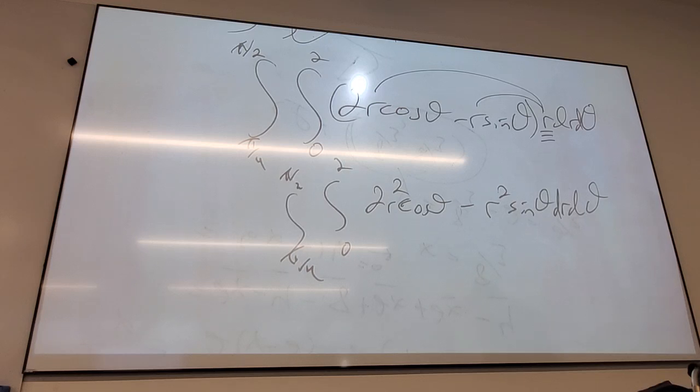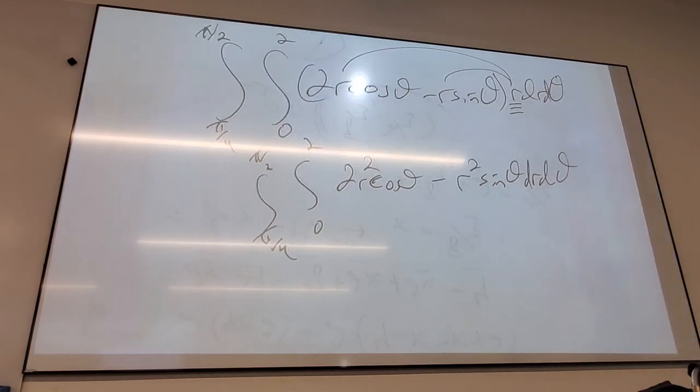Oh yeah, didn't have any, that's right. Okay. Do you see how I could separate the R and the theta? Because I could pull that R squared out. Remember how we wrote the integral blah blah blah dr and the integral blah blah blah d theta? You don't have to, but I could if I wanted to.